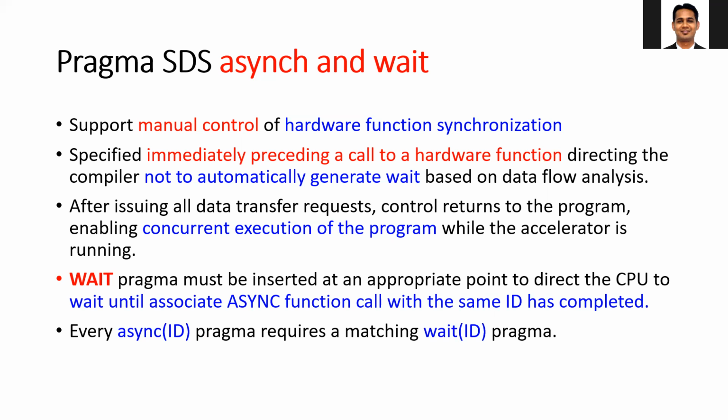Every async pragma will require a corresponding matching wait pragma. If you have the async, there will be an ID assigned to it, and for that ID you should have the corresponding wait statement. You can't just give the async and then ignore the wait statement. For every async, you have to add the corresponding wait statement.